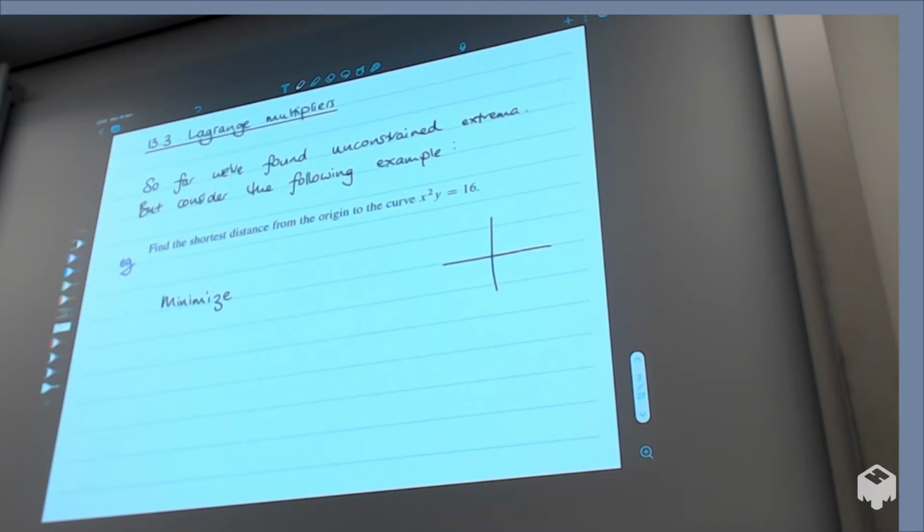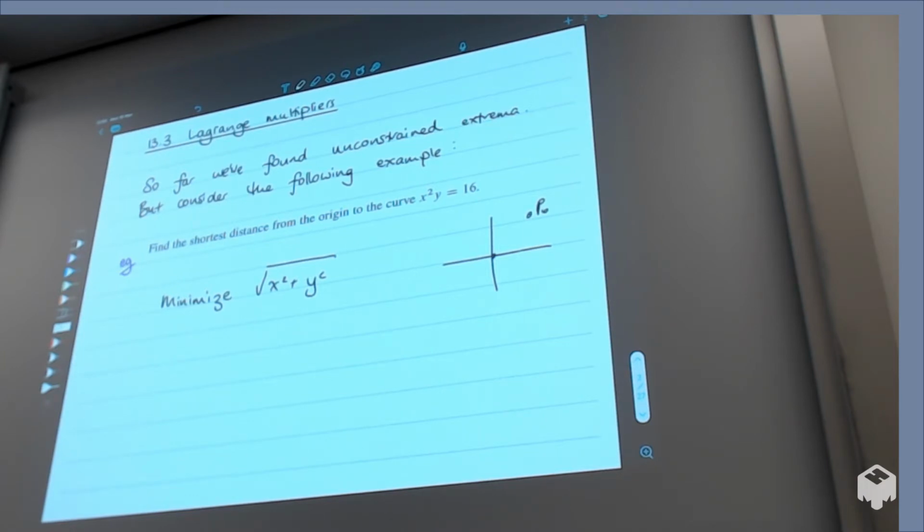What is the distance? How do you work out the distance from the origin to some point P? It's the square root of x squared plus y squared. And we could say, let's minimize that. But honestly, that looks a little bit hairy with the square root. And we know that if we just minimized x squared plus y squared, that's equivalent to minimizing the root.